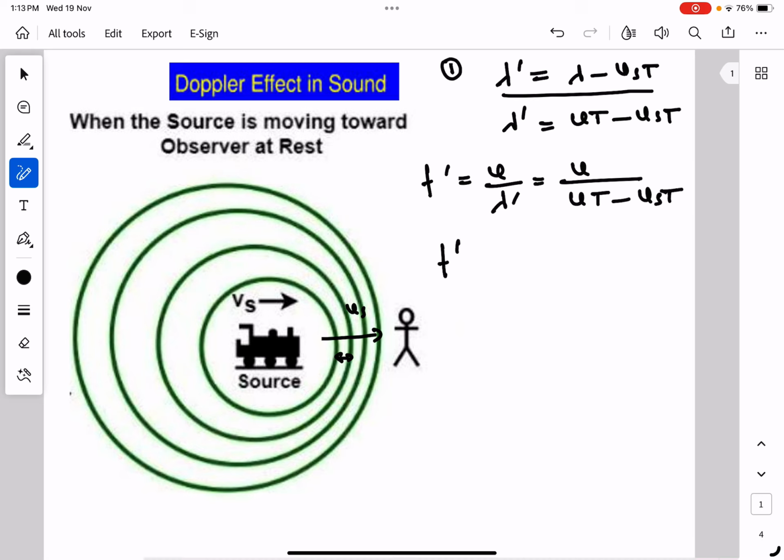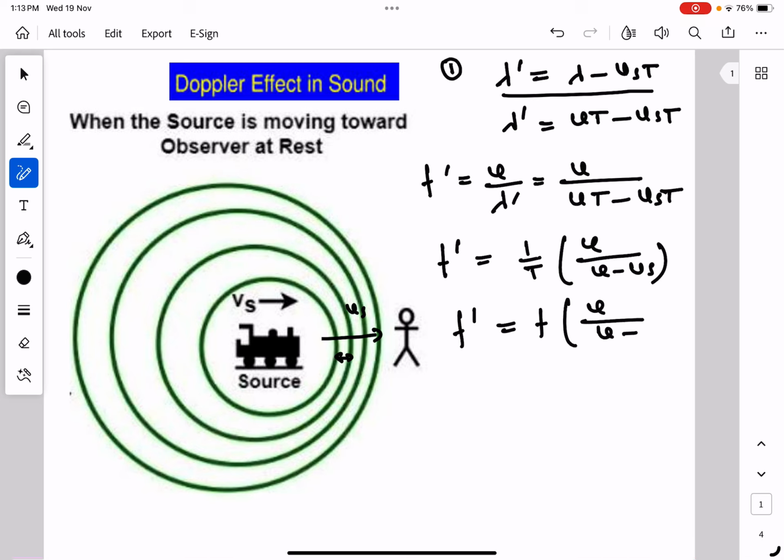This can be simplified as 1 upon t multiplied by V upon V minus Vs. 1 upon t is the original frequency of sound waves f. V upon V minus Vs.